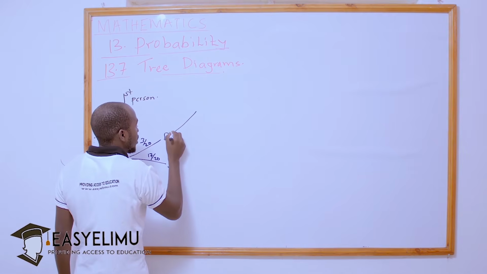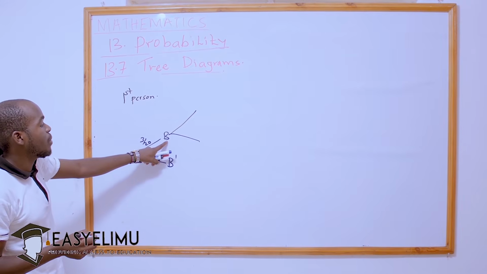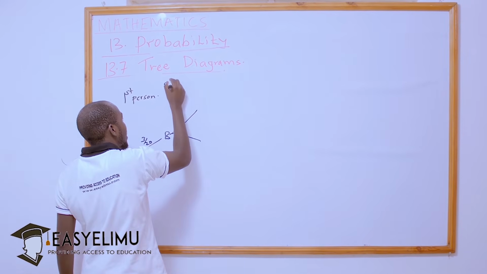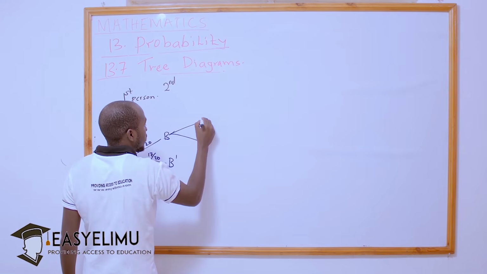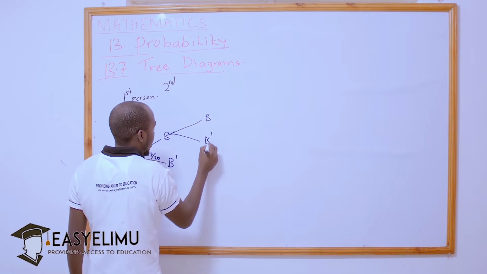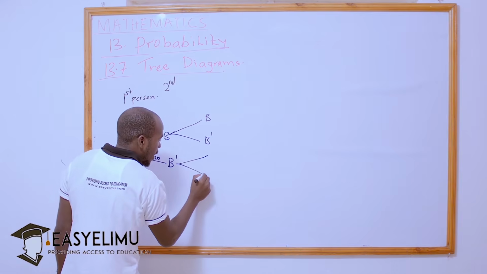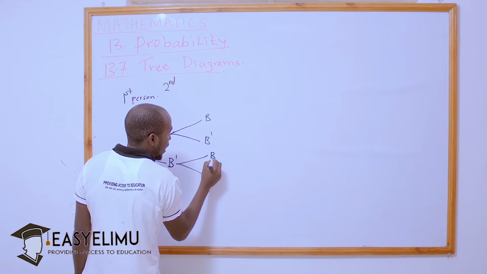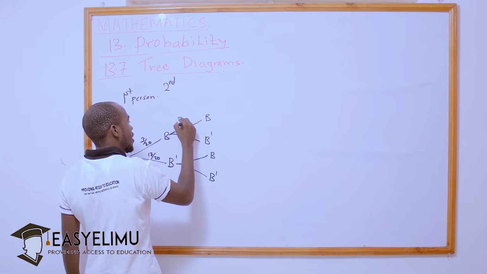Then, whether that person is bald-headed or not bald-headed, the second selection can be either a person who is bald-headed again or not bald-headed. The selection remains the same.